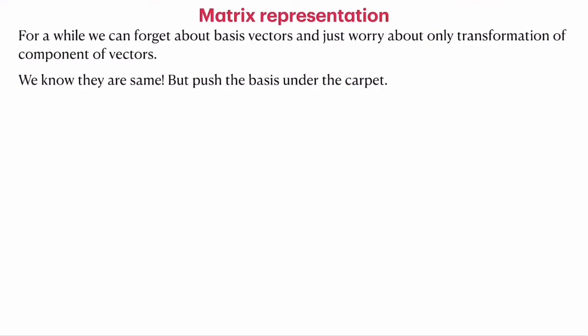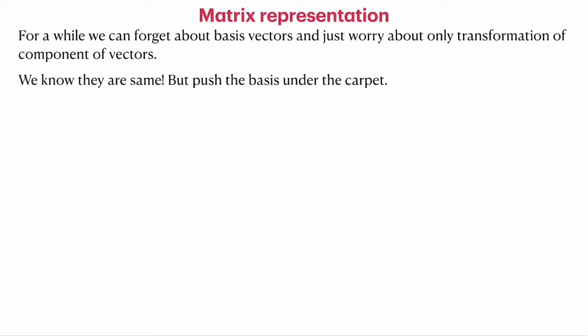For a while we can forget about the basis vector and just worry only about the transformation of components. It gives us some insight into the components, because in physics most of the time we talk about how components transform under the transformation.